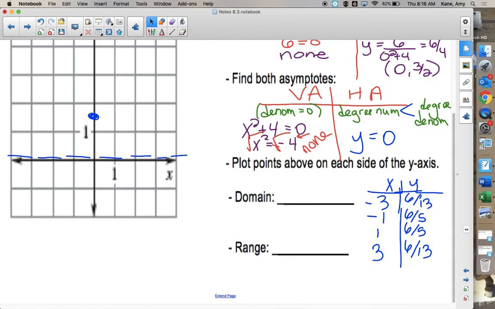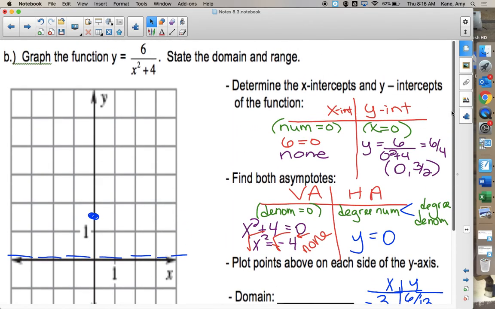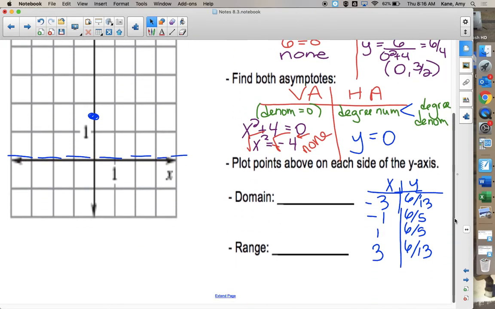Because you're squaring a number, squaring any number, whether it's negative or positive, remains positive. So whether you plug in a -3 or a +3, you get the same y value. So again, plugging in negative 3, squared is 9. 9 plus 4 is 13, so that gives us 6/13. So when you go to graph this, we're going over to negative 3. 6/13 is pretty much a half.